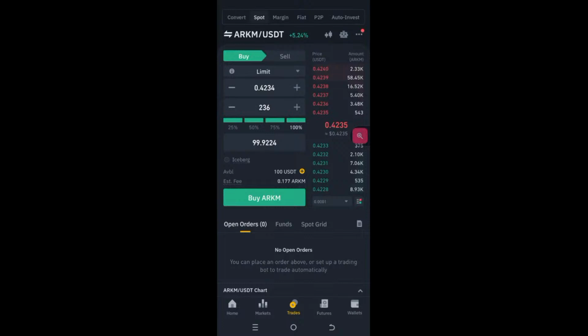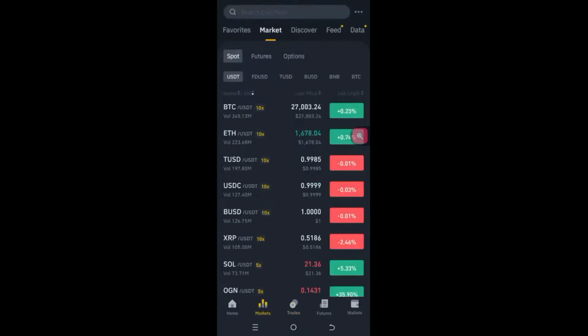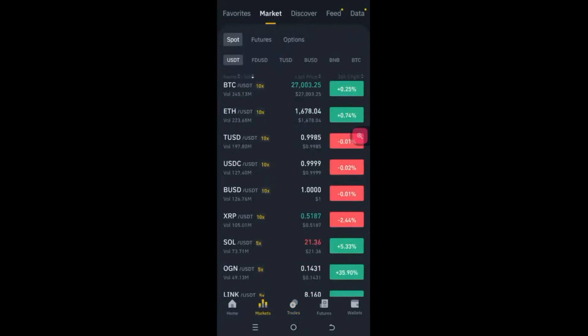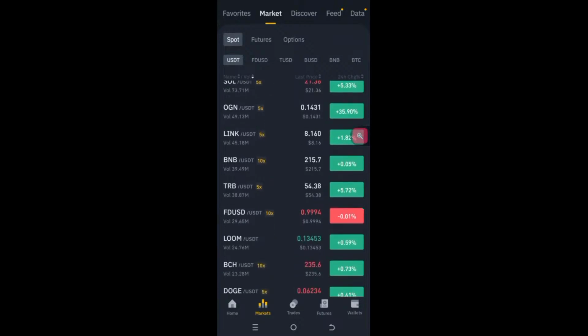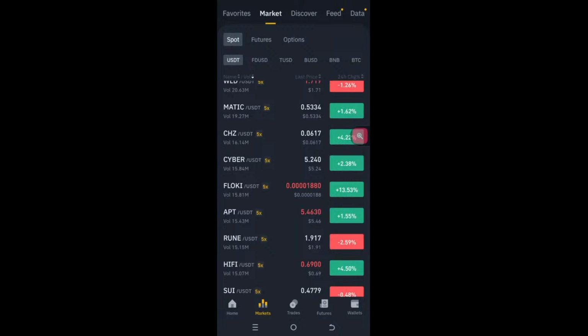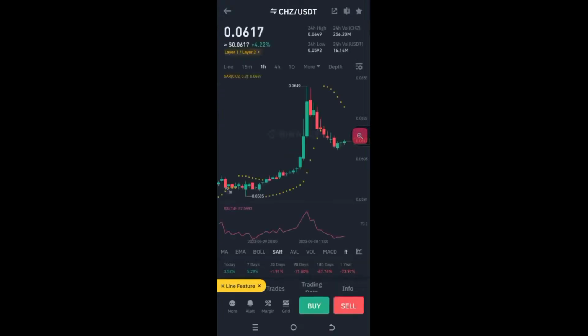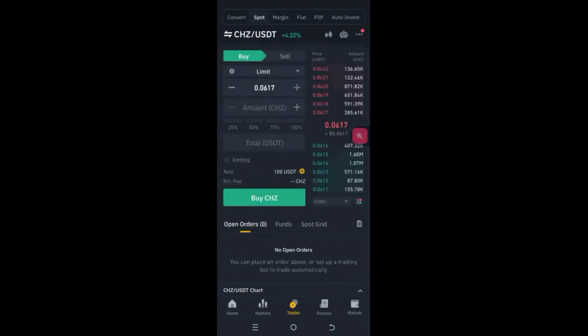So let's look at a smaller price coin. Let me go back to markets and look at this other one that's cheaper. Let's look for one that's less than 10 cents. Okay, look at this one. This is CHZ. It's 6 cents. If I get into it and try to buy, and I pick 100%, can you see now I have 1,620 pieces of CHZ.